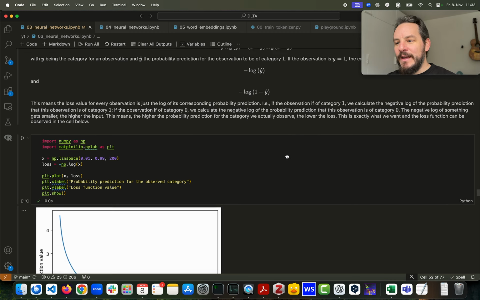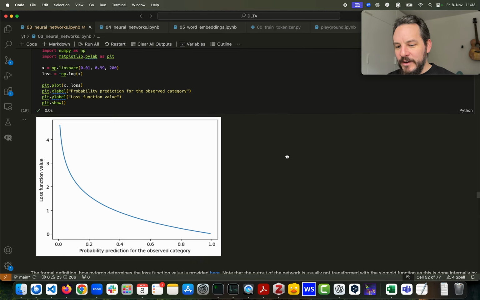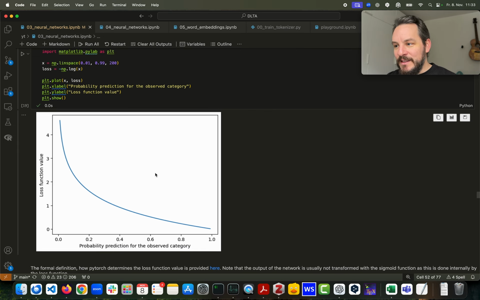And if you now take a look at the form of this minus log function, it makes sense intuitively. Assume for a moment we're looking at an observation which is in reality category 1, and we already have a very good probability prediction for it. Let's say the model predicts with a 90% probability that it is category 1.